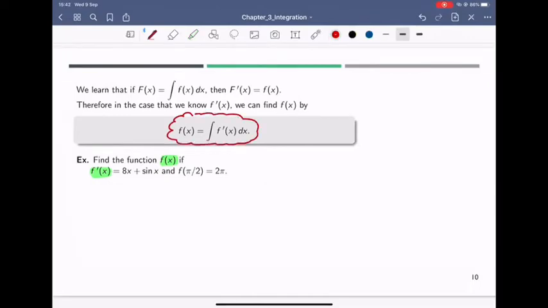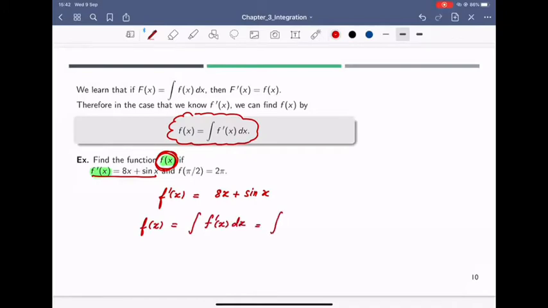So suppose that I have f prime of x equal to 8x plus sine x. This is the easy one. And then the question asks me for the function f. So I want to know what function f such that if I differentiate f, I get back f prime. So for sure, my f is going to be the integral of that given function, right?